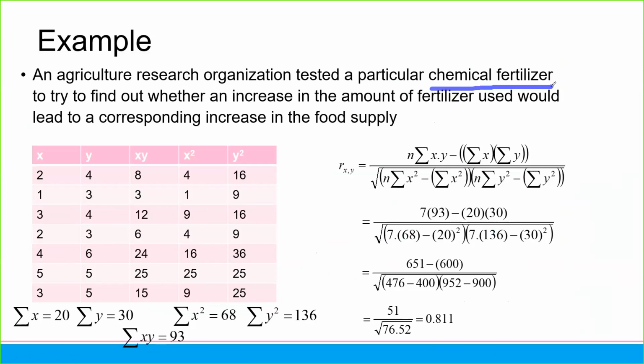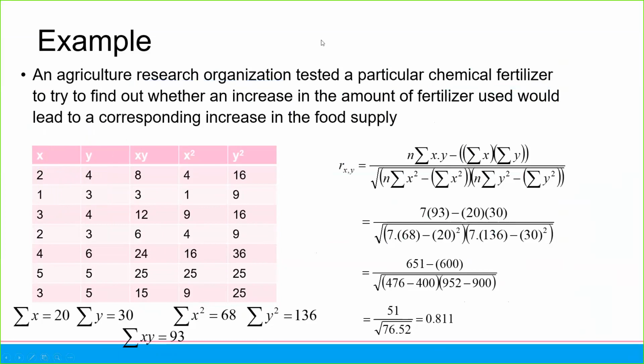So if you grow a plant, you will put some fertilizer to make it grow faster. So this research organization wants to know if they put 2 units, they can produce 4. If they put the fertilizer 1 unit, they produce 3 units of the product, and so on. So they want to know whether the X and Y are correlated or not.